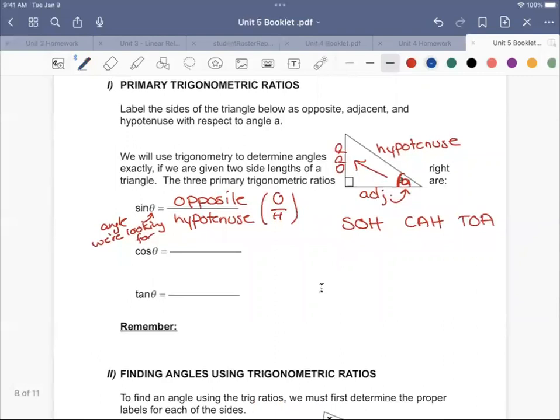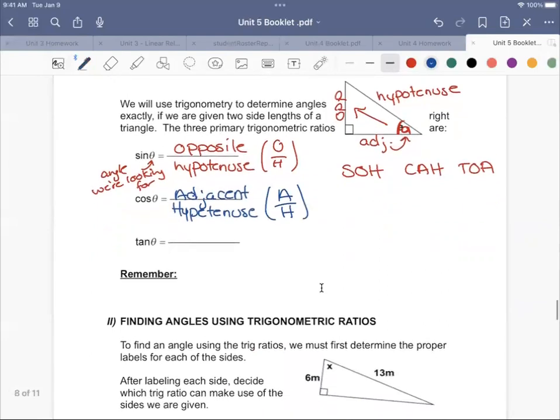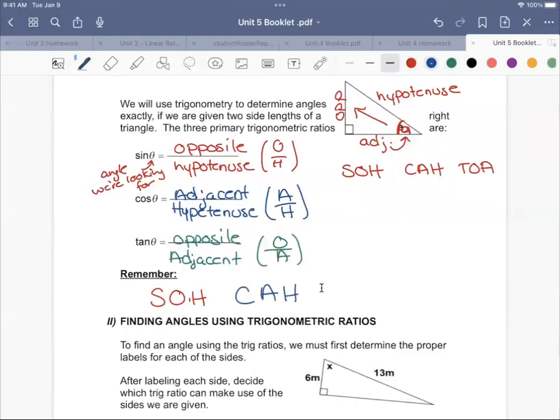Cos of that angle is the adjacent side over the hypotenuse, A over H. And tan of the angle is the opposite over the adjacent, so we get O over A. The easy way to remember it is sine is opposite over hypotenuse, cos is adjacent over hypotenuse, and tan is opposite over adjacent.